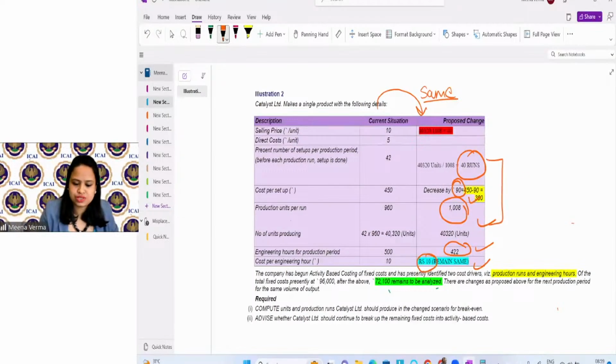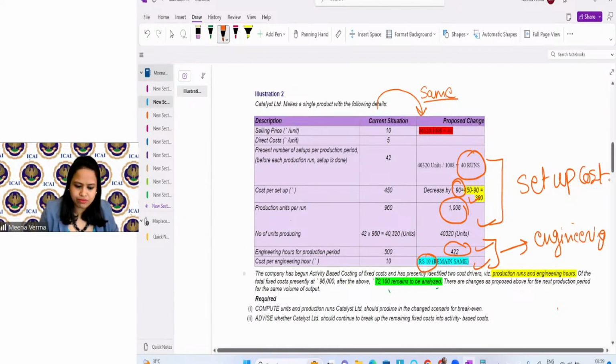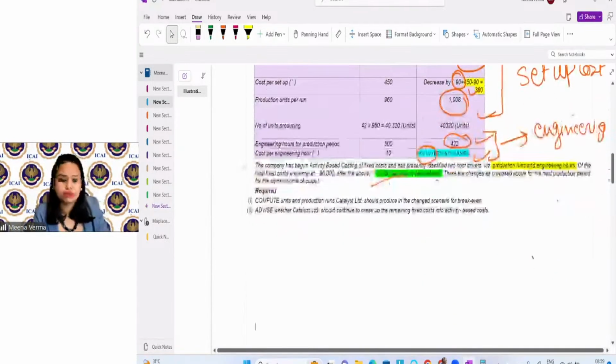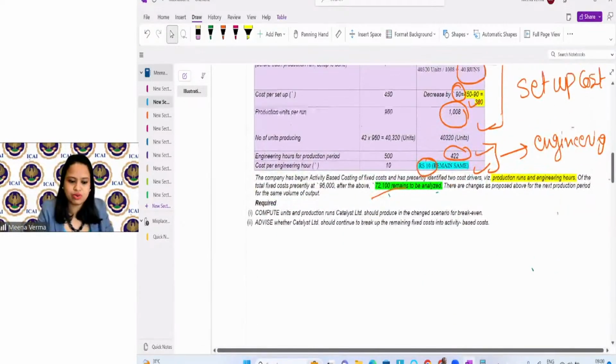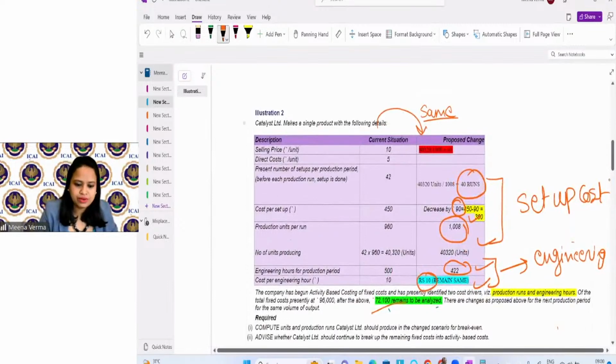So you can use this information to find the engineering cost. And you have the fixed cost, right? So you will use them to find out the break-even point. You know the sale and variable cost also, right? It will remain the same.